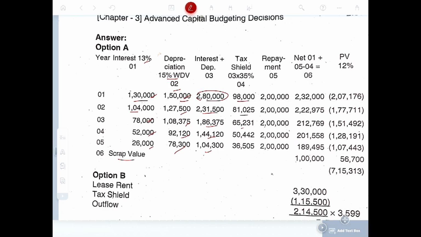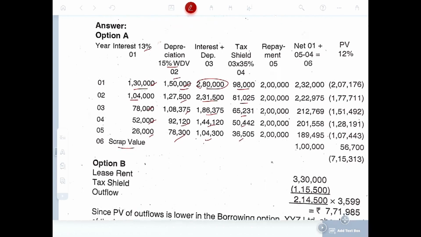We get it because for interest also we don't need to pay tax, and for depreciation also. We need to pay repayment of 2 lakhs, 2 lakhs, 2 lakhs, 2 lakhs. The net amount is 1 plus 5 minus 4, 2 lakhs minus thing plus 1 lakh 30,000, so we get this amount. Why?